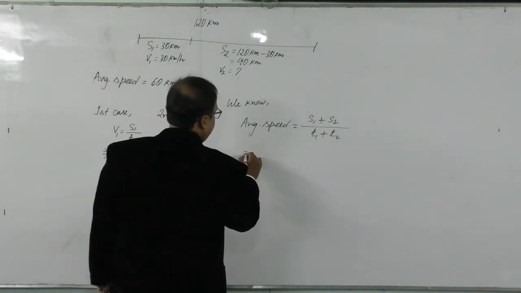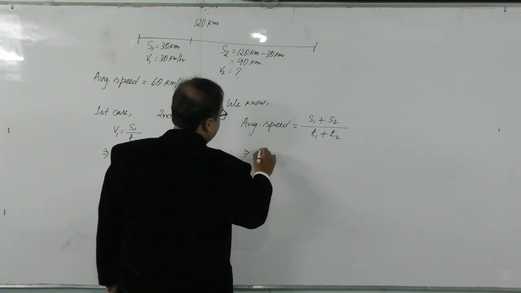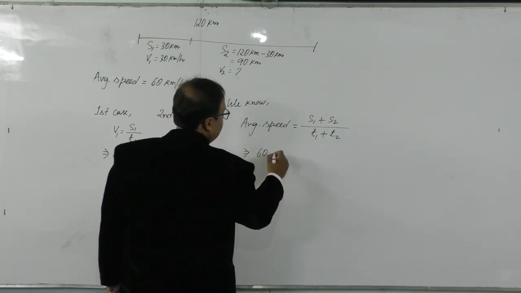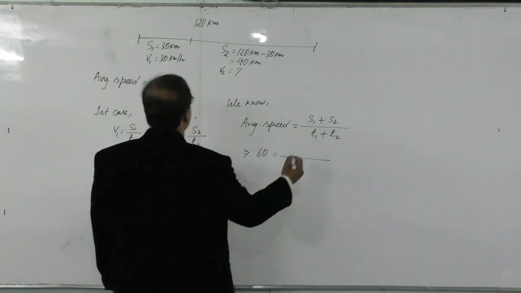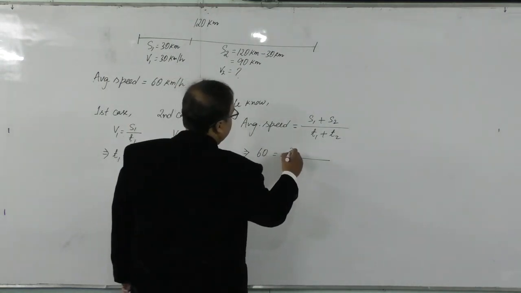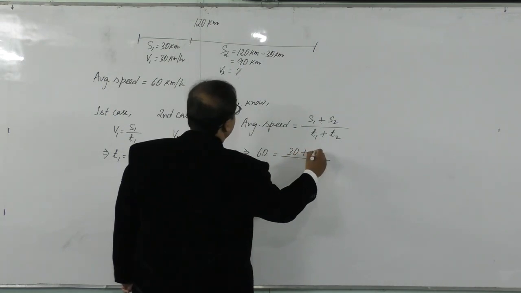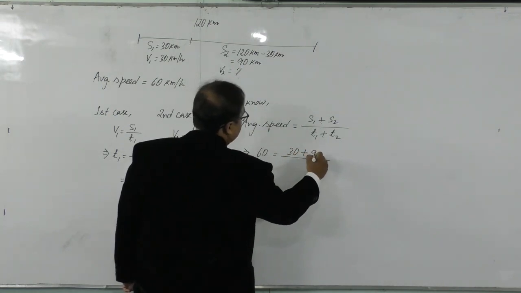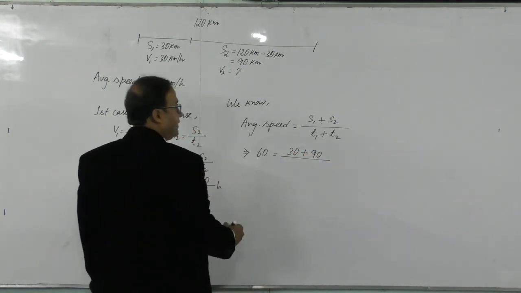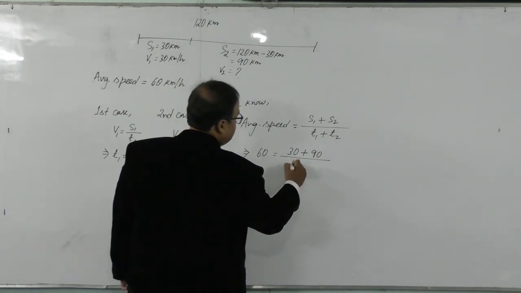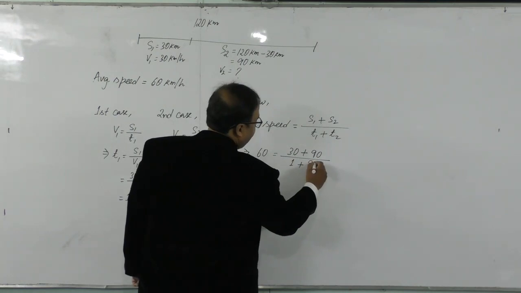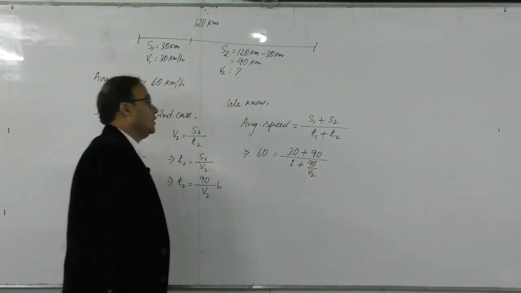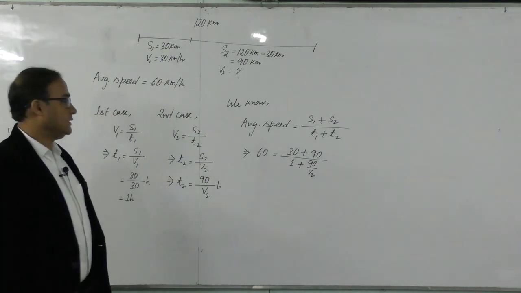Average speed value is given here. Average speed is 60 kilometer per hour, and S1 is 30, S2 is 90, total is 120 kilometer, T1 is 1 hour, and T2 is 90 by V2. If we solve this, we can get easily V2.